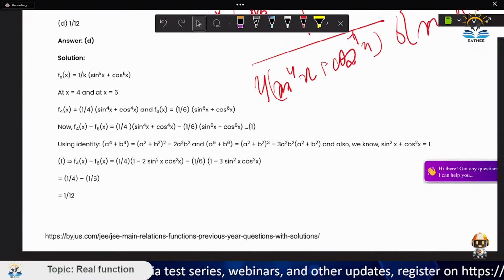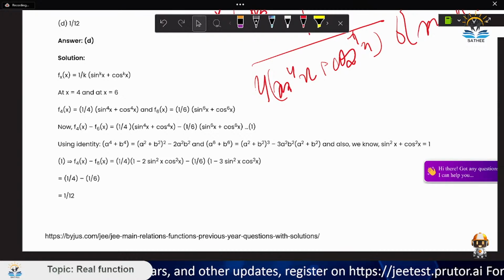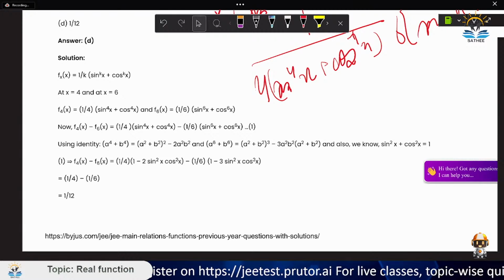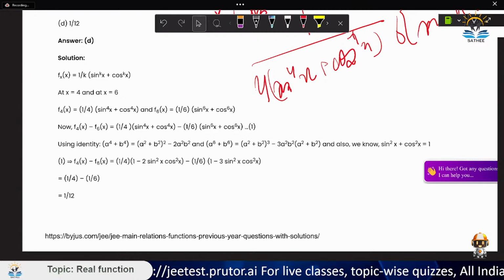So we'll use the identities here that you might have learned earlier. The identity is a to the power 4 plus b to the power 4 is equal to (a square plus b square) whole square minus 2a square b square. This is a very easy identity that everyone might have learned. And why are we doing this? Because sine square of x plus cos square of x is equal to 1, right? So most of our problem would be solved then and there.